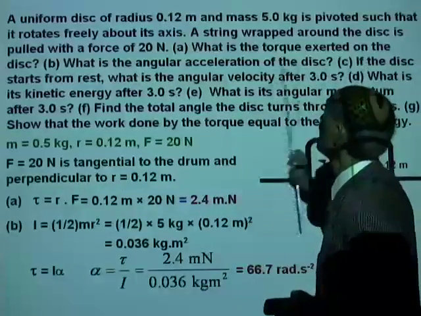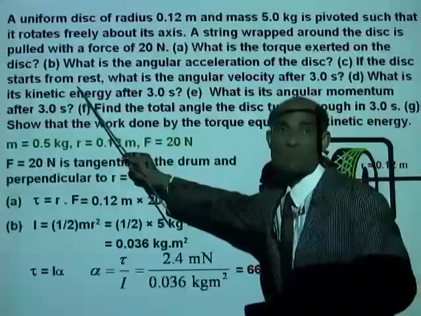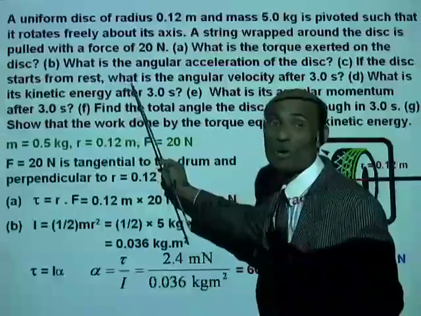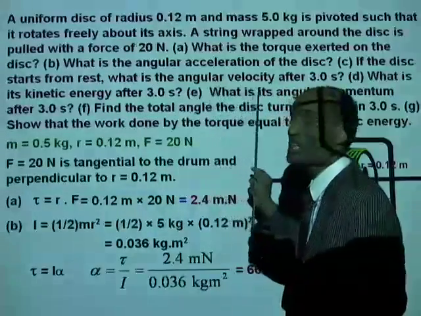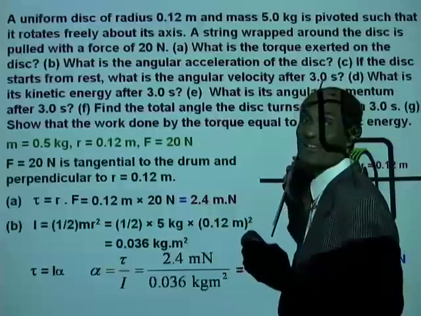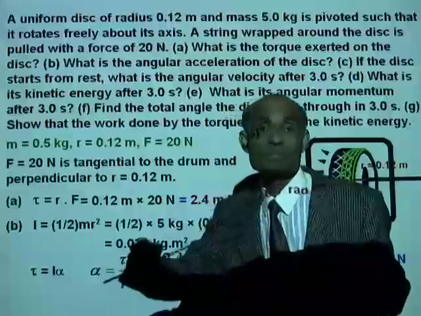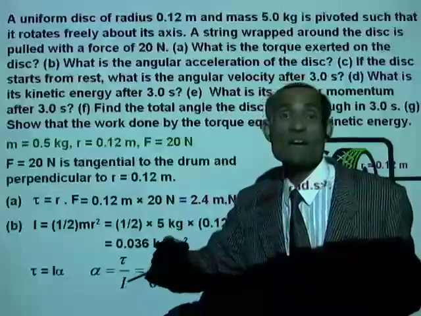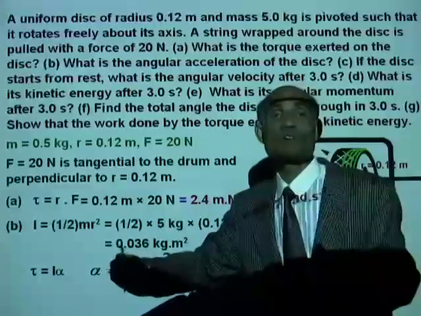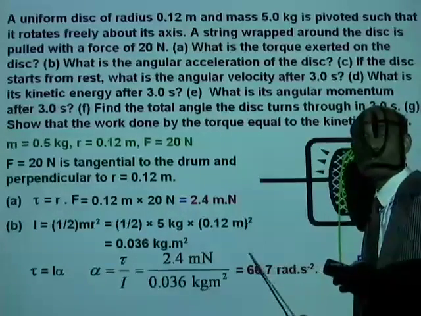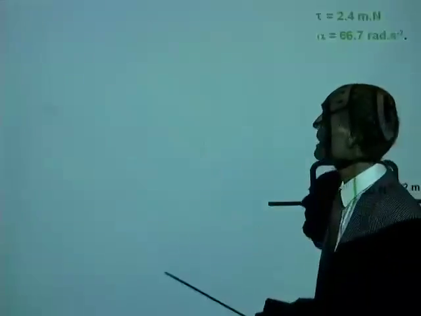What's part C? If the disk starts from rest, what does that mean? Omega 0 equal to 0. What is the angular velocity after 3 seconds? Well, simple use of the formula. Omega f equal to omega 0 plus alpha t. We will carry this alpha value with us.